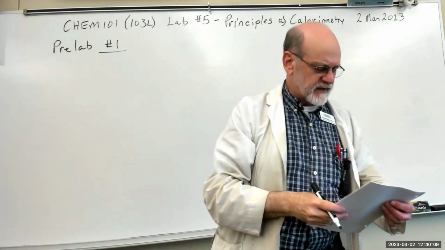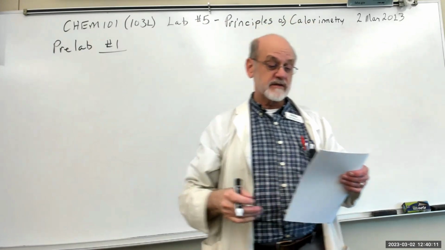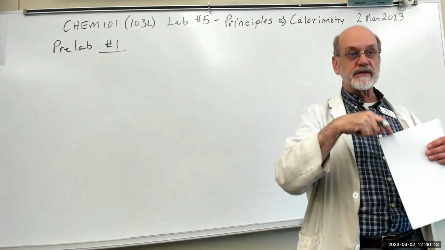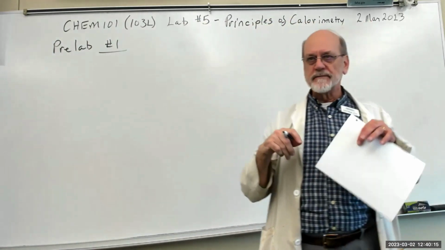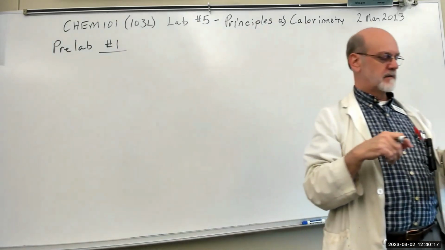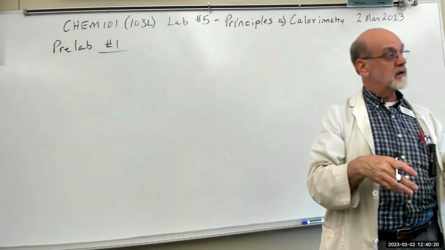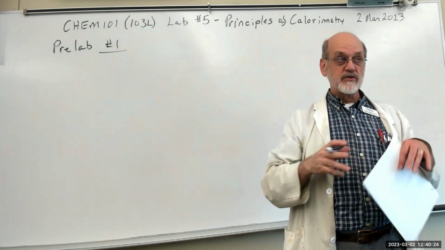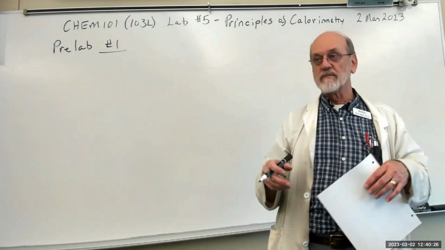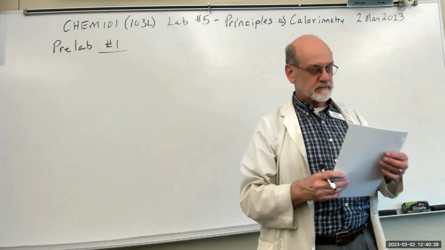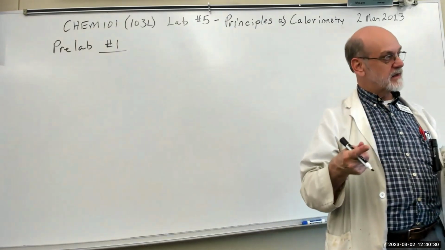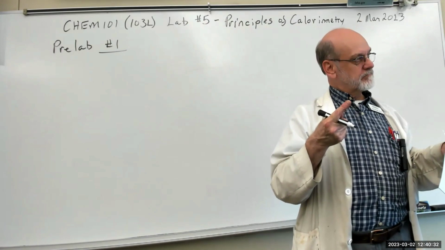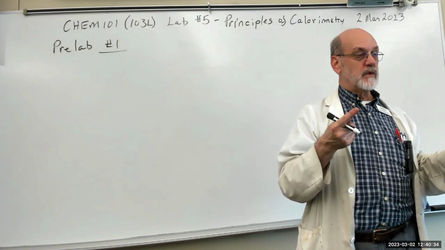1 mole of acid and 1 mole of base. Actually, this one refers to the method itself. One of the exercises in here is we're going to mix an acid with a base, and it's going to generate some heat, and we're going to measure that heat and compare it.